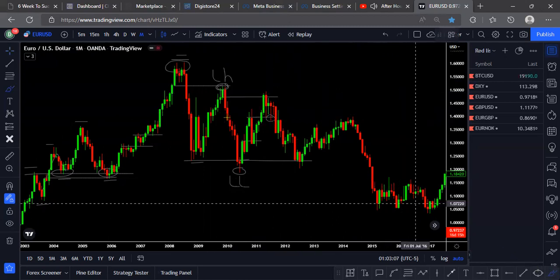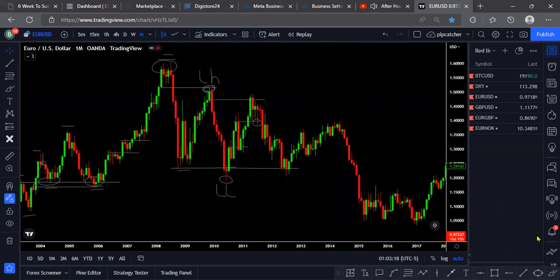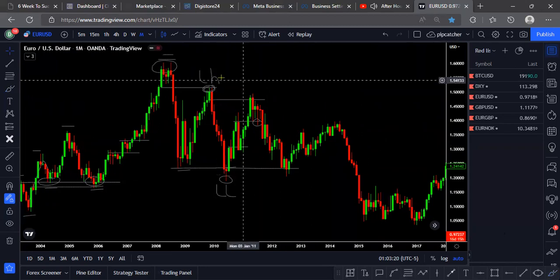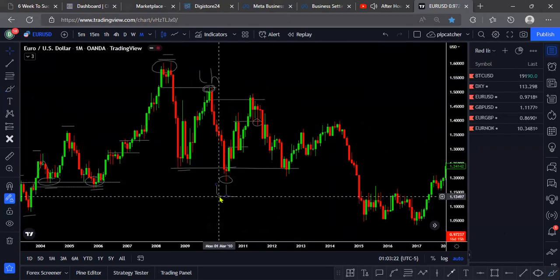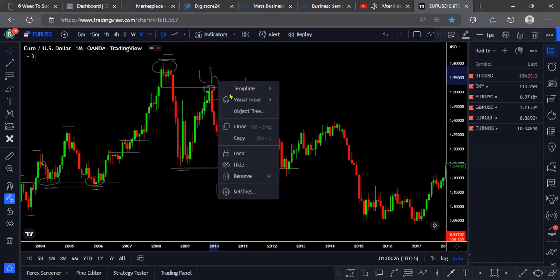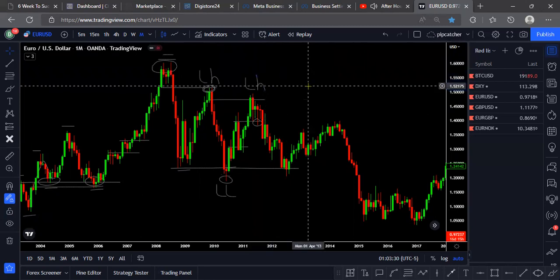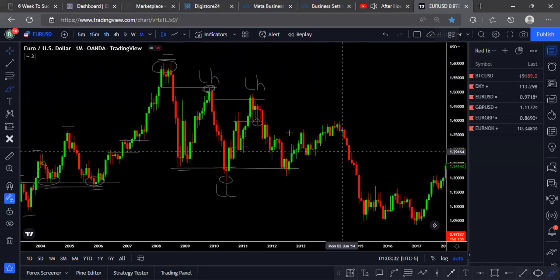I think the lowest I'm going to go on this is the daily time frame, just because it is pretty late. But if we look in this area, what do we have now? A lower high, right? And why is that a lower high?